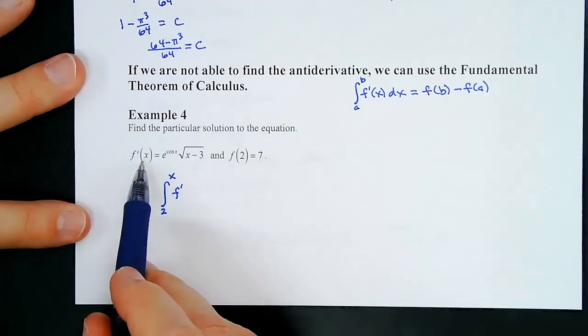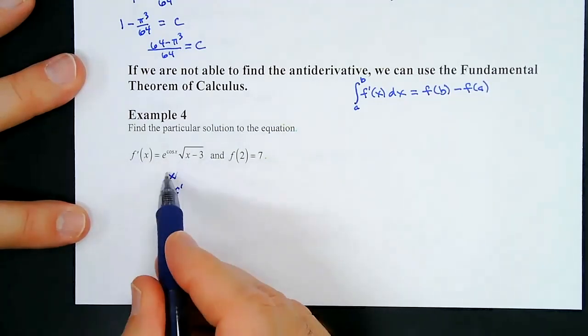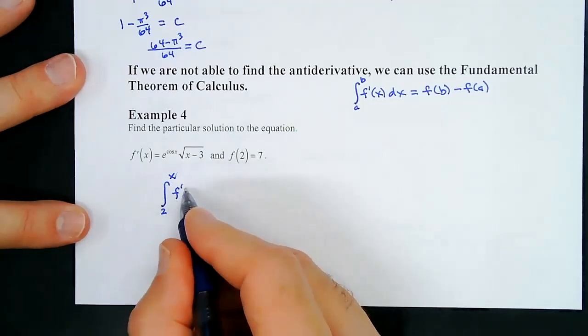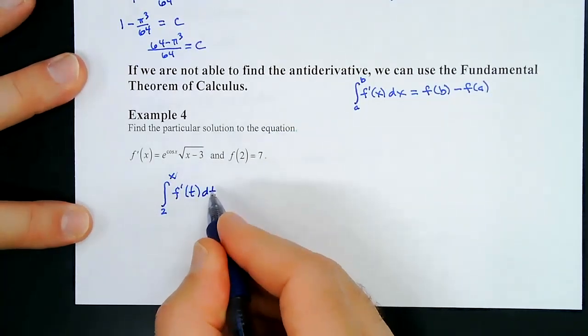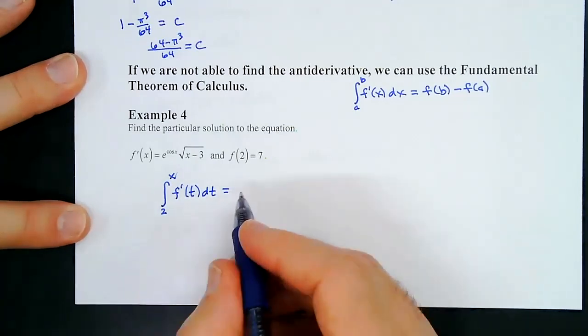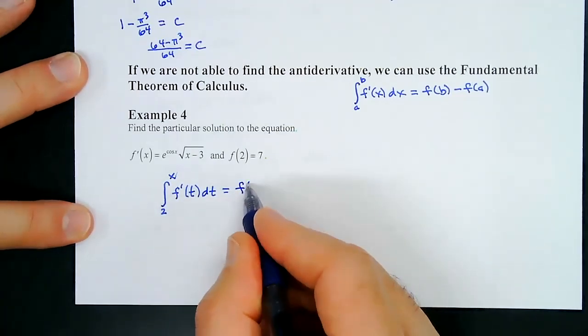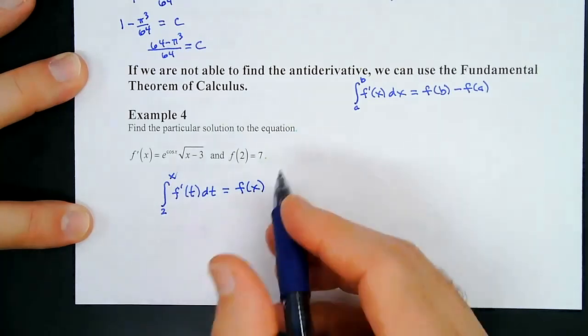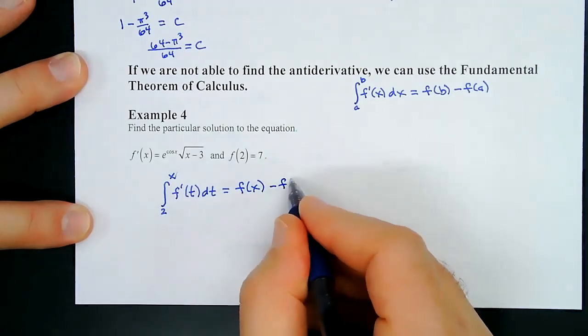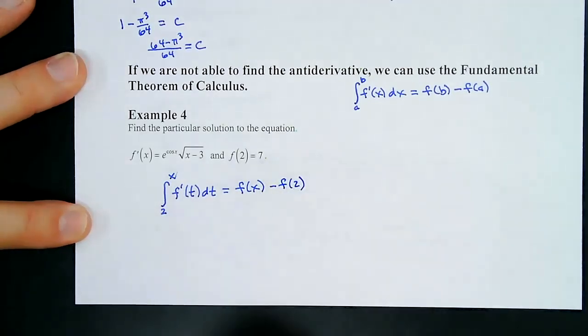Now I can't use x because that x is the input to the function, and this x is a different x. So I have to use f prime of t dt. I know this would come out to be F of x, right? We put the upper limit into the antiderivative first, and then minus F of 2.